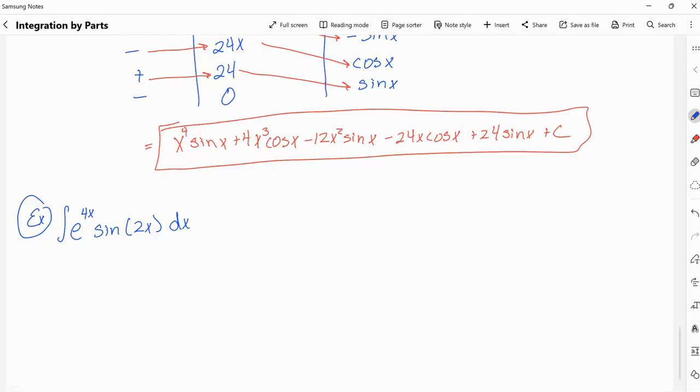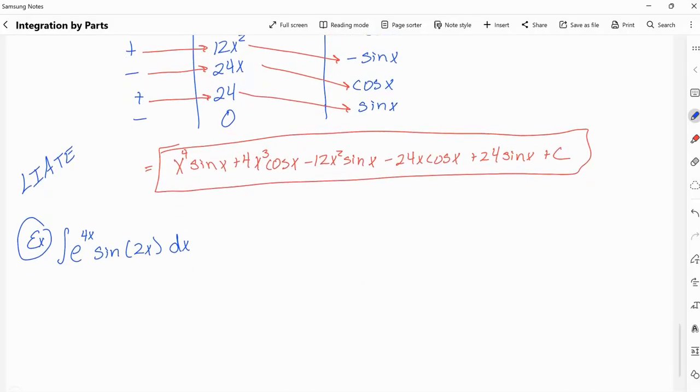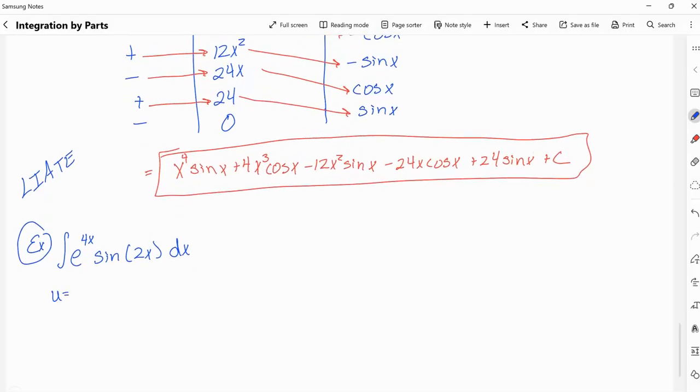So if we go back to our acronym LIATE, we would pick the trig part for U. So U is going to be sine of 2x. That means the leftovers are dv, which would be e to the 4x times dx.